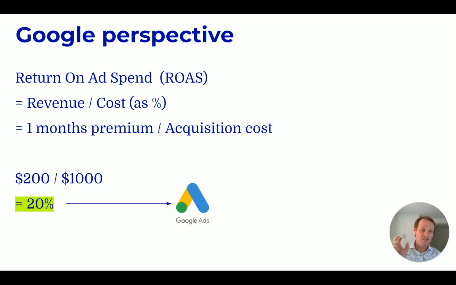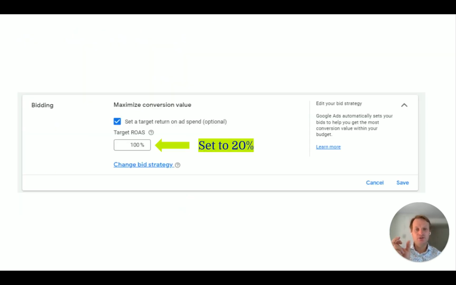So going back to the previous slide, in this instance, we set a P factor of 5, which translates to a 20% ROAS. And then what we need to do is go into Google Ads and set that 20%. So there's a bidding functionality inside Google Ads that you can set the target ROAS, so that it's currently set to 100. So you need to go and set 20% there.